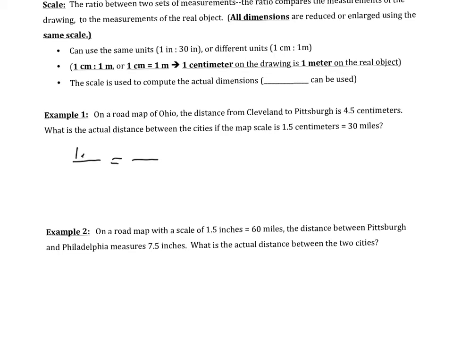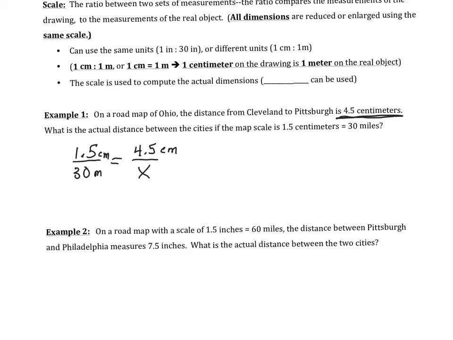So we know that 1.5 centimeters is the same as 30 miles. Well, we find the other mention of centimeters right here, and so that has to be in the same location in the second fraction. And what we're looking for is the actual distance, so we put in our variable.